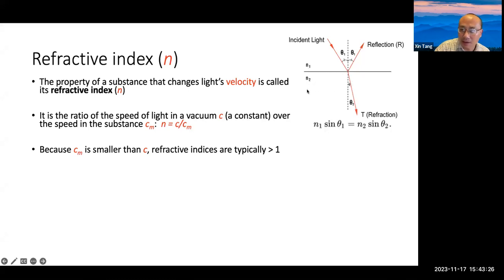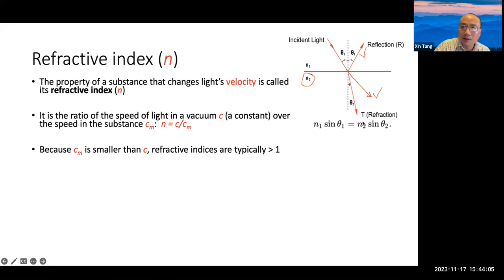Because N2 is larger than N1, the light gets bent more away from the original direction, compared with the direction where the light does not change. And some of the light will definitely get reduced due to the reflection.